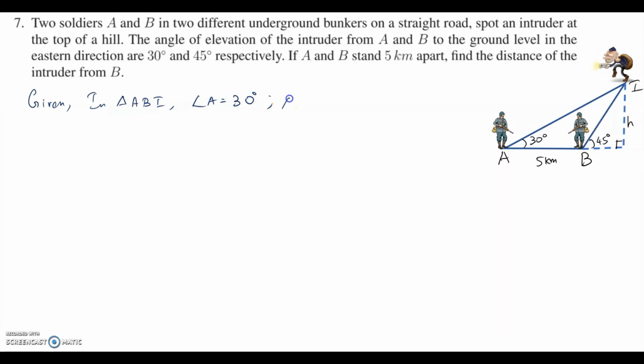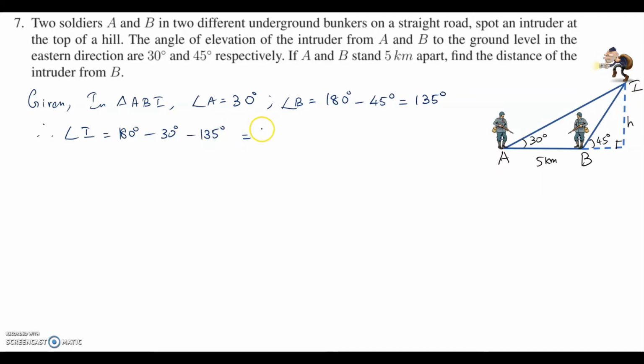So angle B will be equal to 180 degrees minus 45 degrees, so that's equal to 135 degrees. Therefore, angle I will be equal to 180 degrees, because the sum of the angles inside the triangle is 180, minus 30 degrees minus 135 degrees.